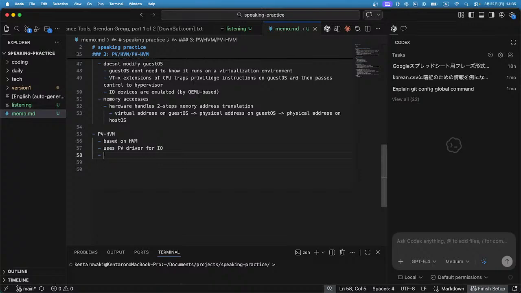How it works. So the foundation is HVM. So CPU and memory are virtualized in the same way as HVM, right?